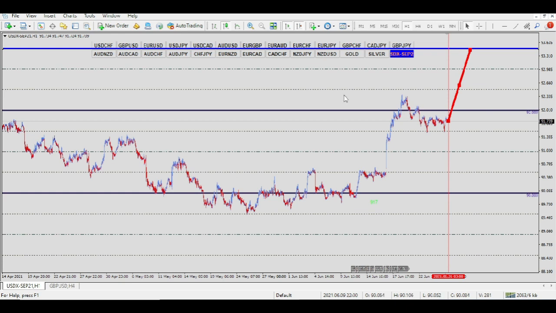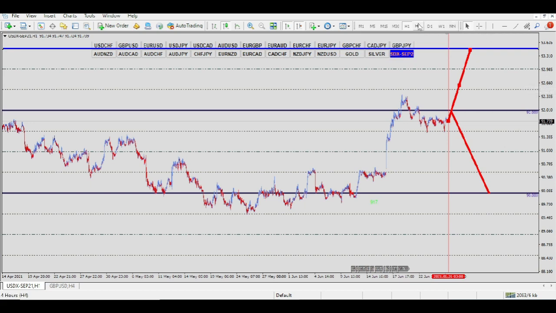So something might happen that might invalidate this analysis. We might actually come to this 92,000 level and the market decides, no, we are not going to go all the way up, and we might actually go down, which will then change my picture concerning the dollar index.